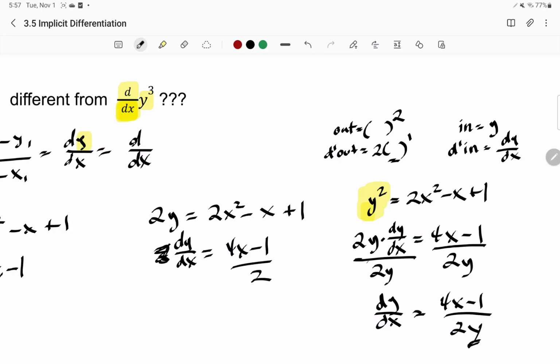Or if you wanted to, what you could do is up here, you could go ahead and solve for y. So up here, y would equal the positive or negative square root of 2x squared minus x plus 1. And you would just put that in down there. Okay, but otherwise, when they give you the point, just plug the point in. Let's do an example.